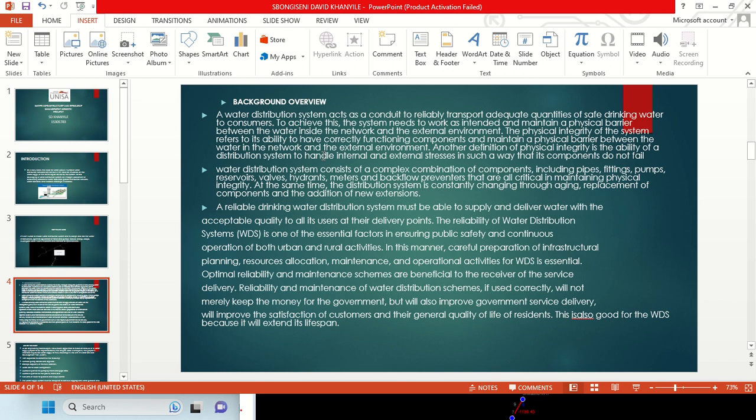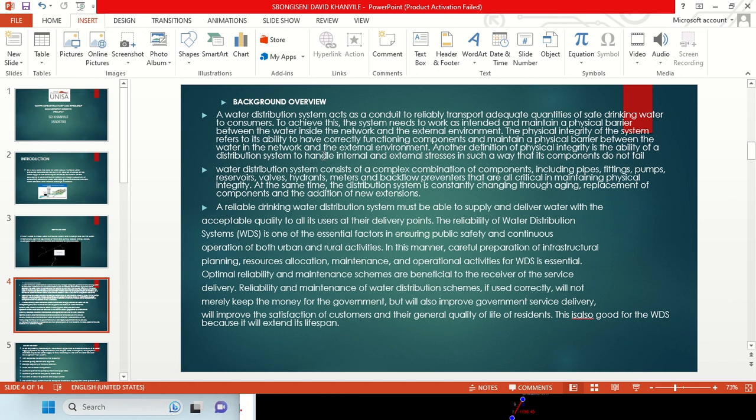In this manner, careful preparation of infrastructural planning, resource allocation, and maintenance and operational activities for the water distribution system is very important.